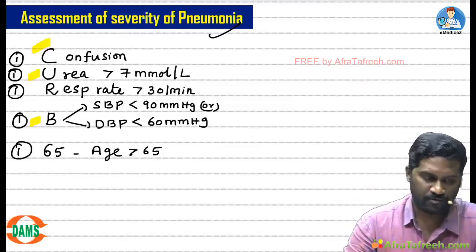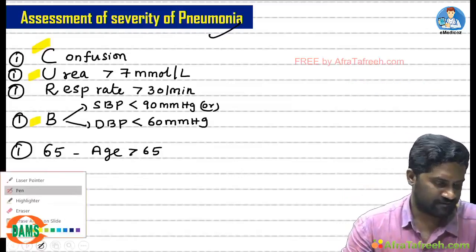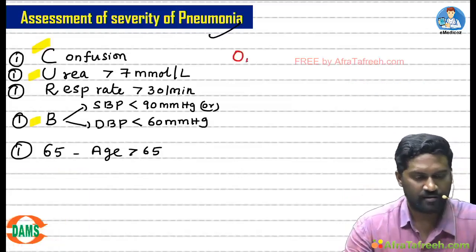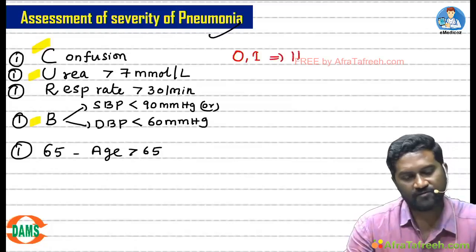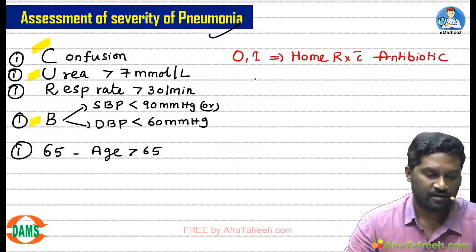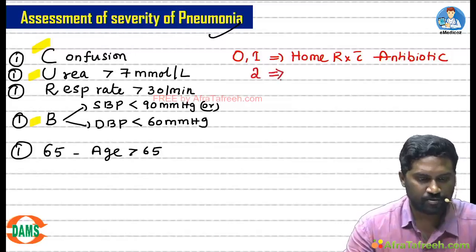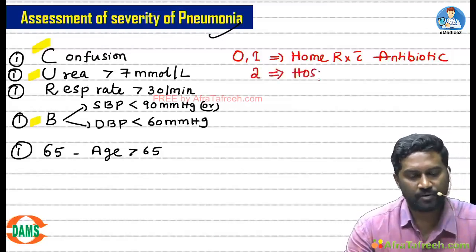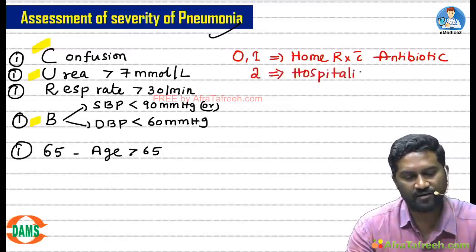Now if the score is in the range of 0-1, for these patients home treatment with antibiotics is advised. If the score is 2, I am going to hospitalize and treat.